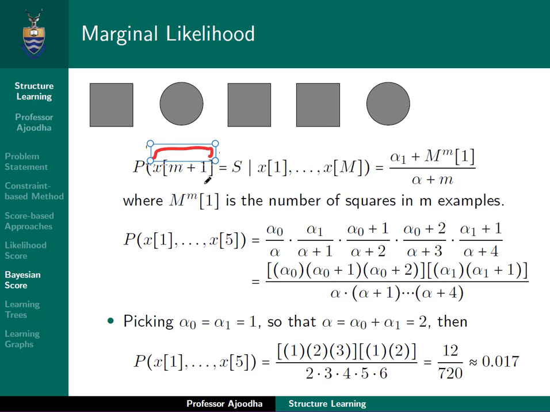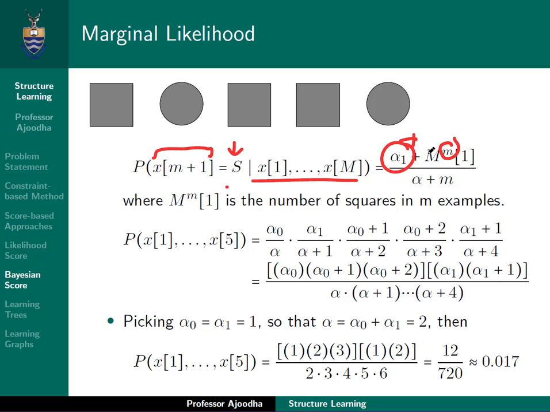So the (m+1)th one is equal to a square, given all of the other data that you've seen previously, and that is equal to the prior for squares plus the number of times you've seen a square in the m examples that you considered.